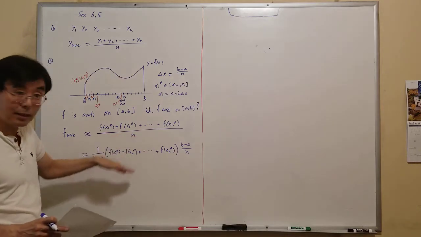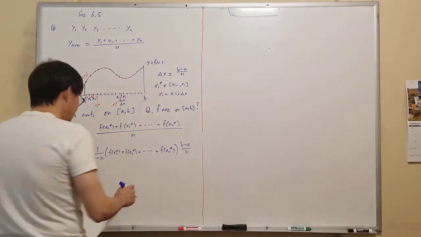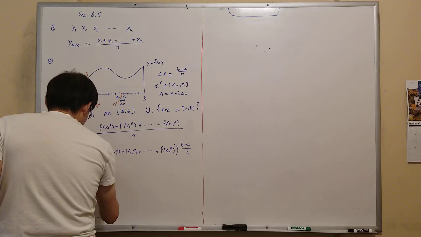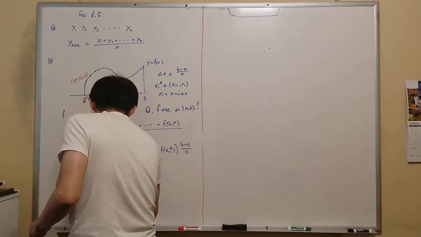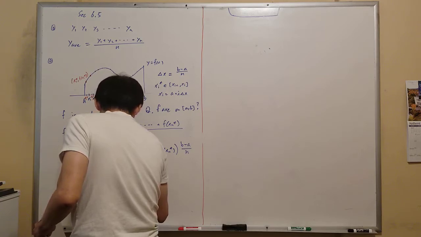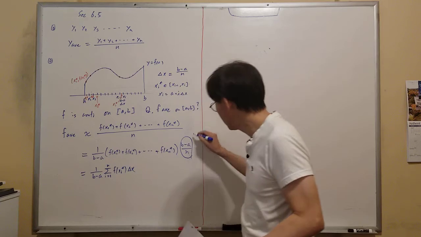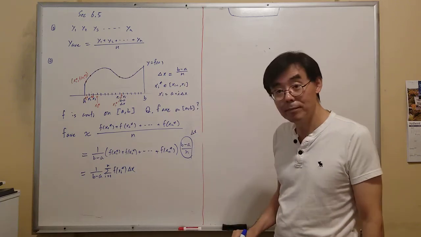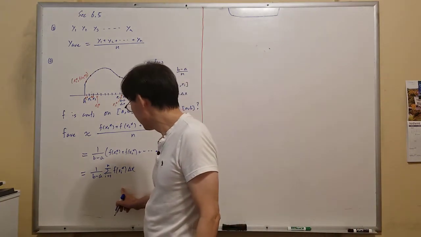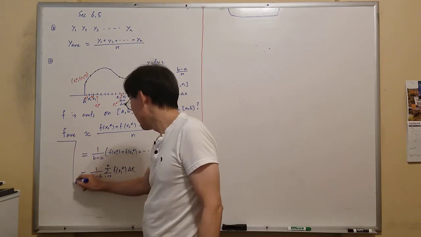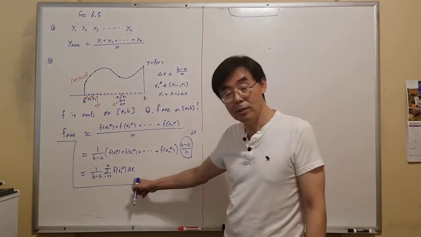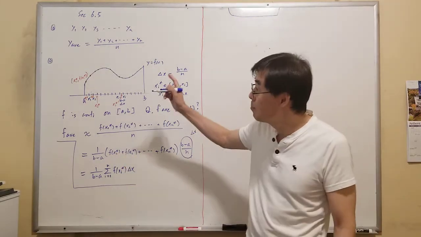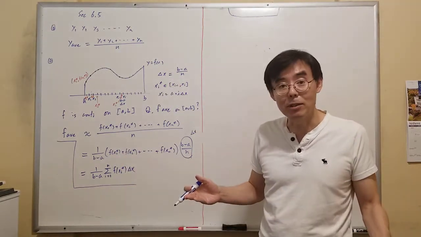So this is exactly the same thing. Now I can write this as 1 over b minus a, sigma from 1 through n, f of xi star, times delta x. This is your average of function values. The larger the n, the better this approximation.